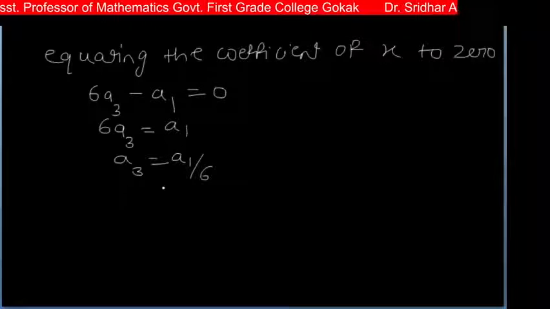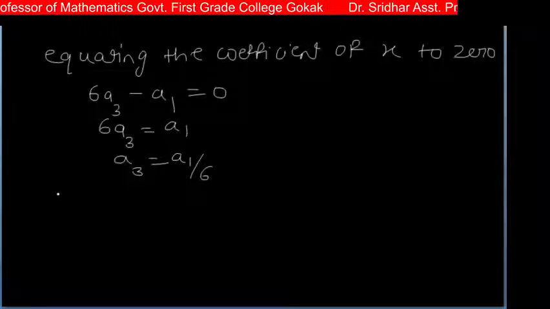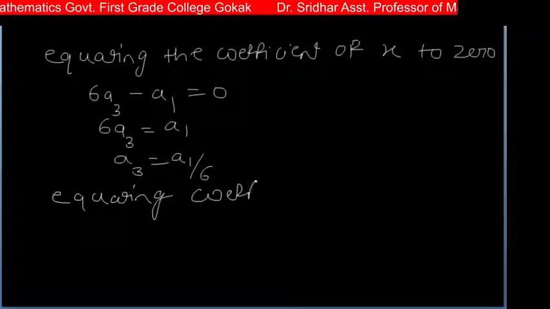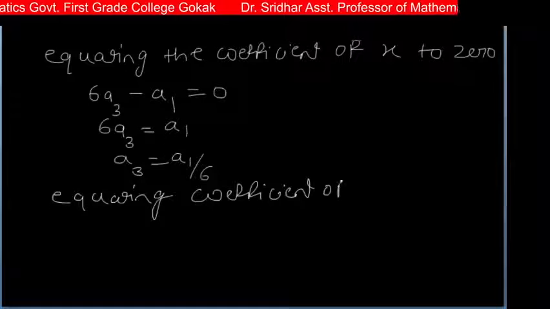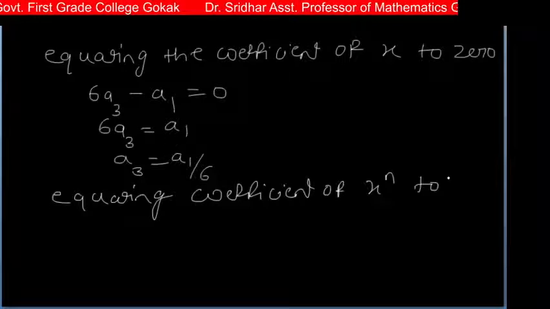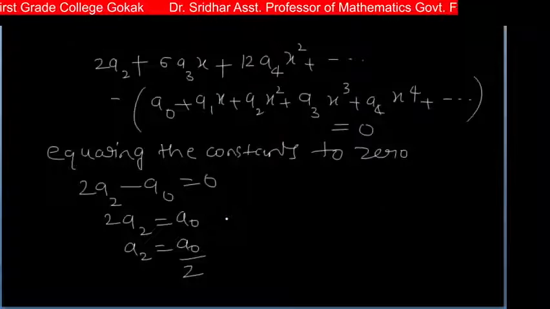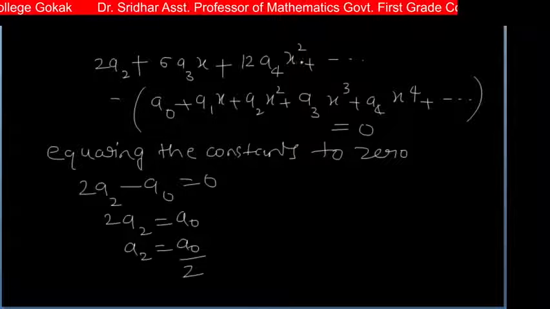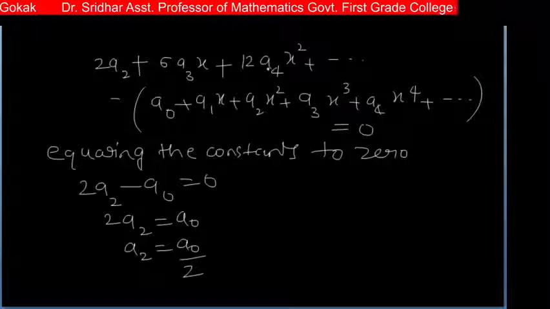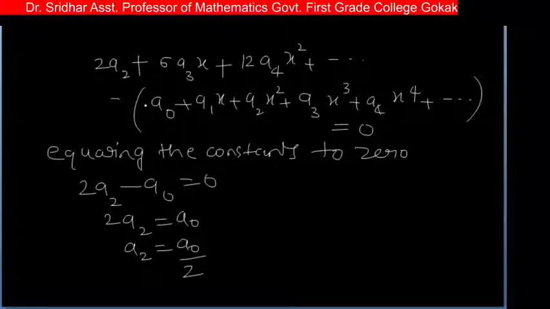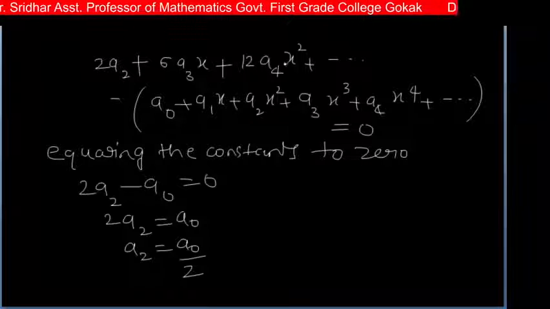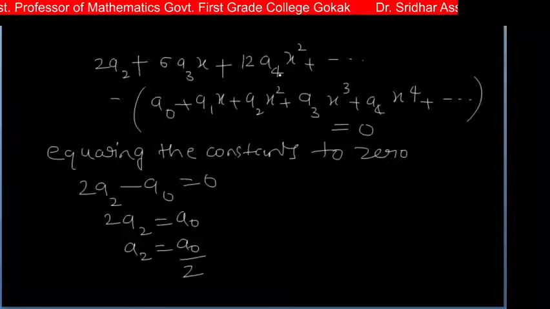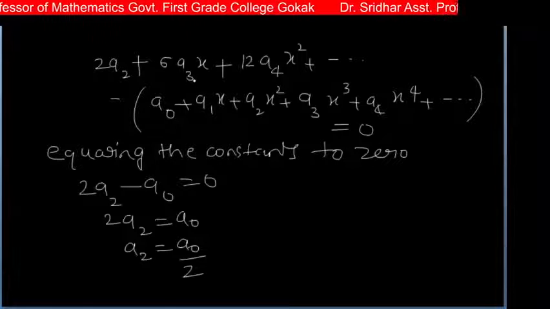Okay, and after getting all these things, next equating the coefficient of x raised to n to 0. So what we obtain? So here x raised to n means when it is n. Now see here, when x is equal to 1, this is 3, correct?